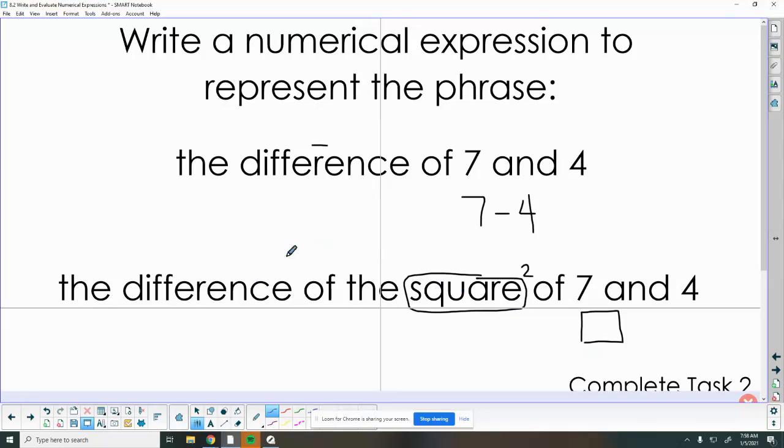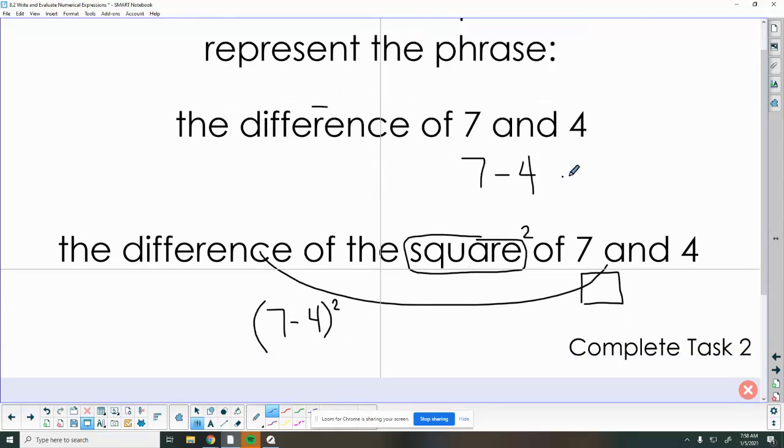So I still need that difference of 7 and 4. And if we want to do that first, we need to put parentheses around it. And then we'll find the square of that.